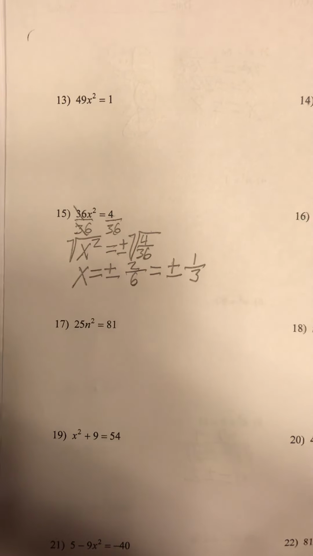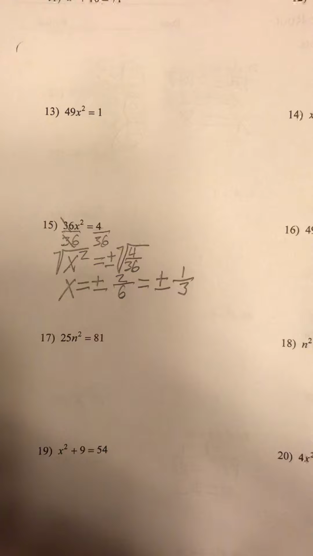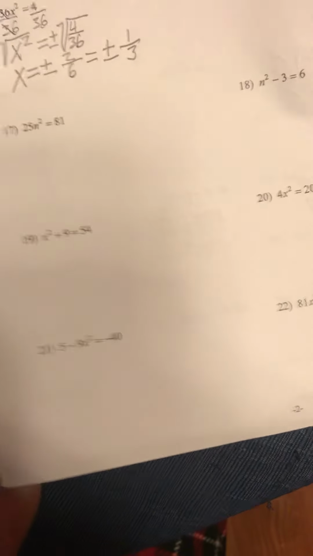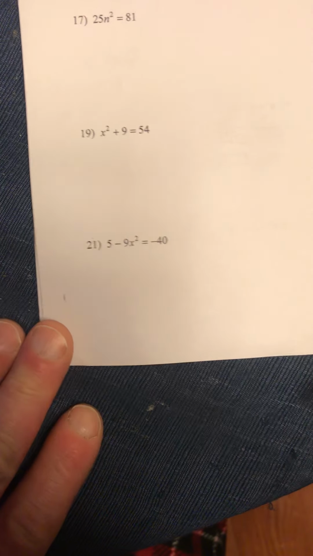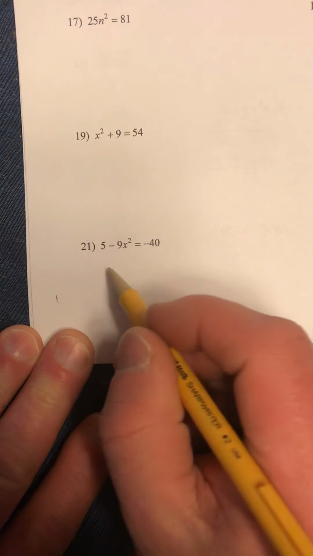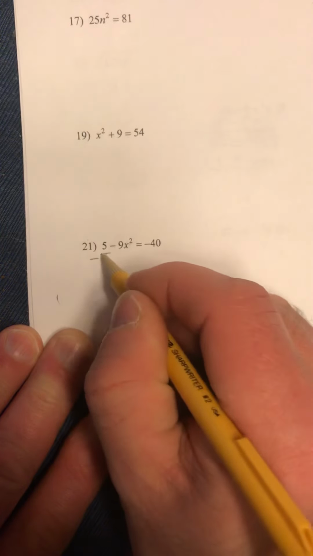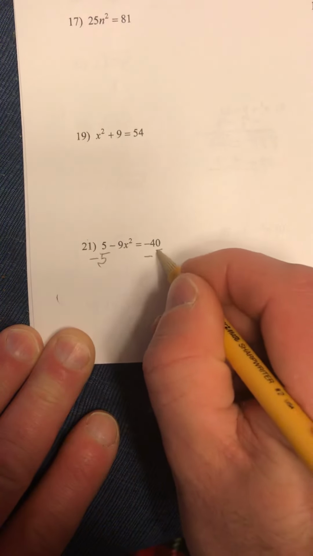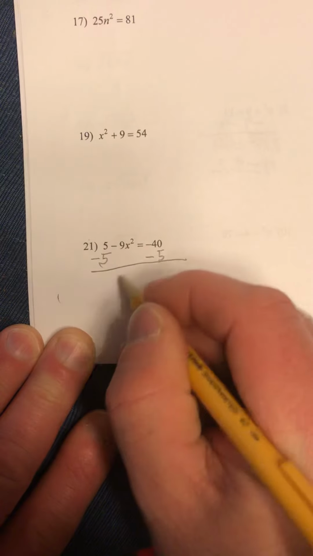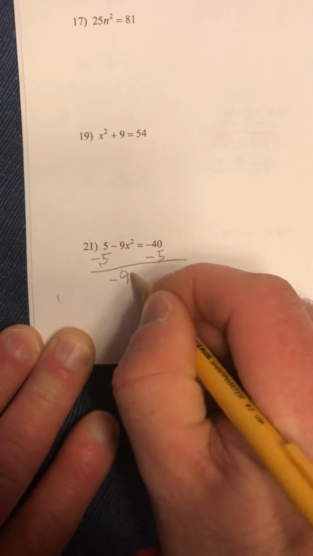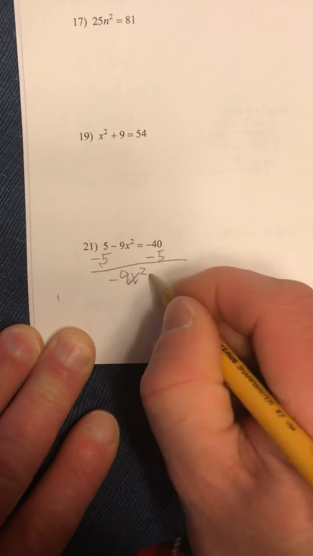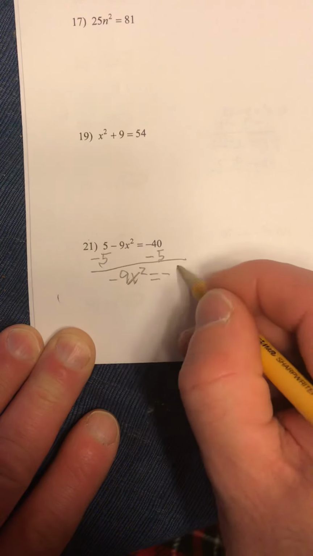Okay, go on a little bit farther. Get down to number 21. And whoa, man, they've done all kinds of stuff for us here. First thing I want to do, I want to subtract 5. That gives me negative 9x squared equals negative 45.